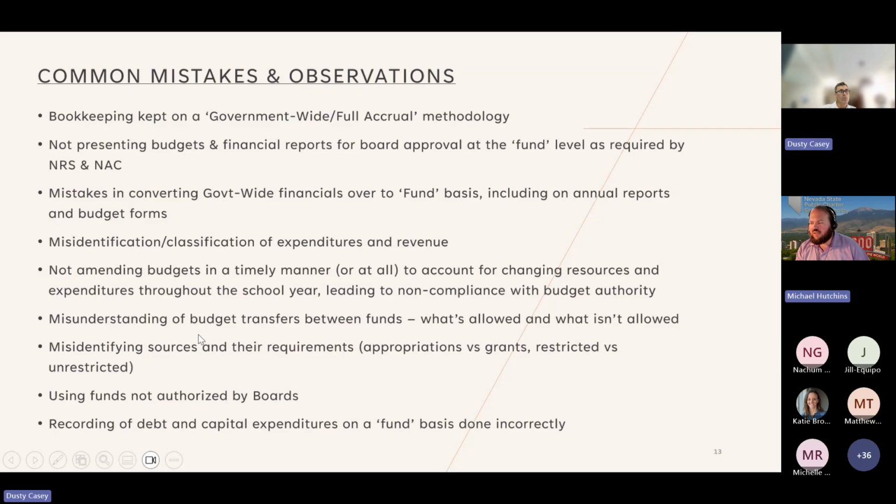Okay. And Dusty, we have another question in chat from Robert. If we provide the board our budget only via the budget template, does that meet the requirements of the NRS and NAC for fund approval? Yes, and what's common, if you pull up a school district budget, is they use that Department of Taxation form. They print off all the tabs in PDFs, and that's all part of the budget package that the board sees. Now, you can go further and do summary sheets that summarize it.